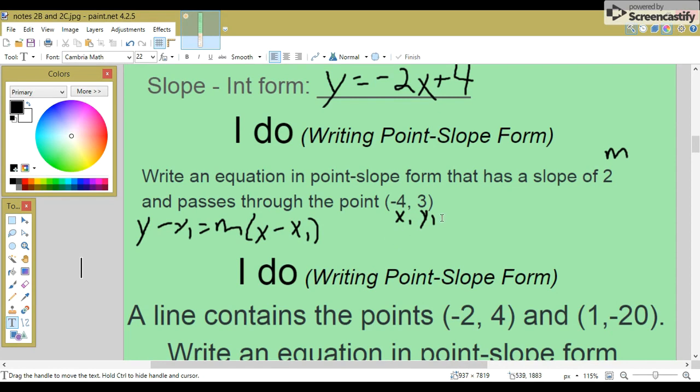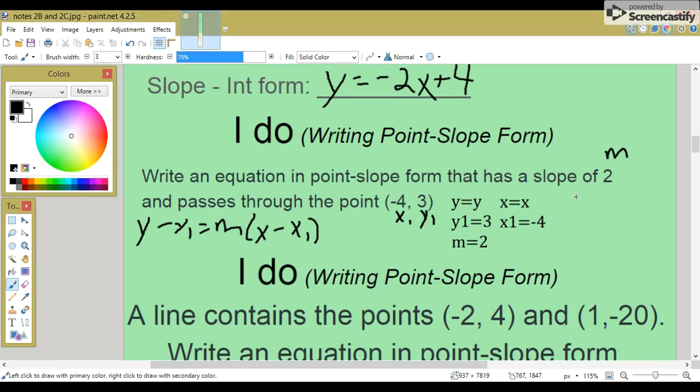Let's go ahead and identify each of these values. y equals y, y1 equals 3, m equals 2, x equals x, and x1 equals negative 4. So we're going to plug those into the formula.